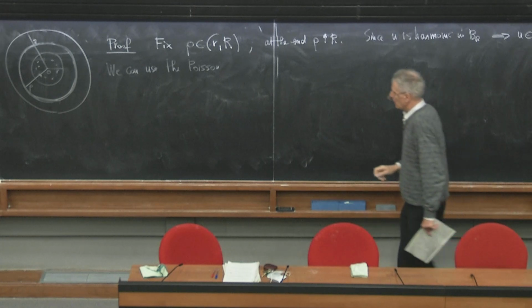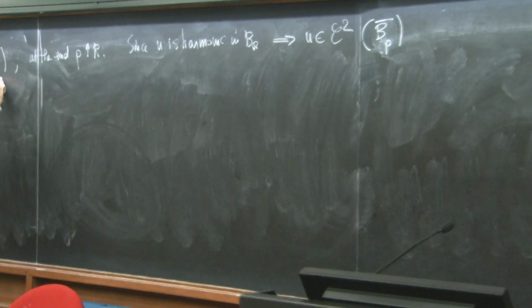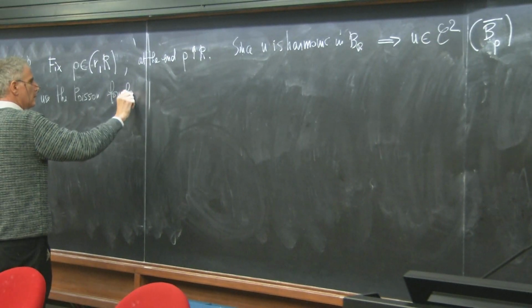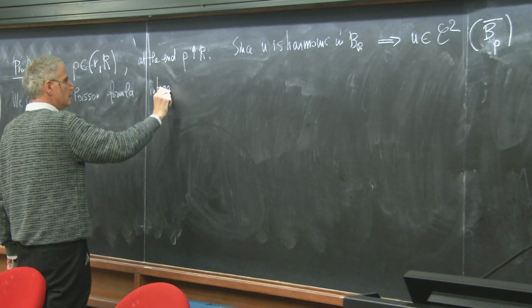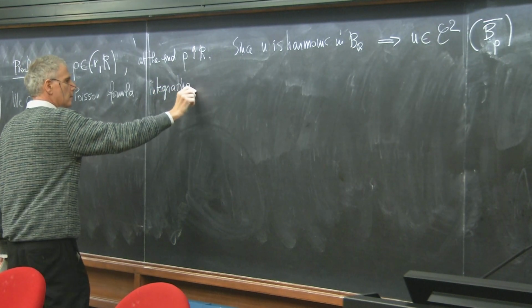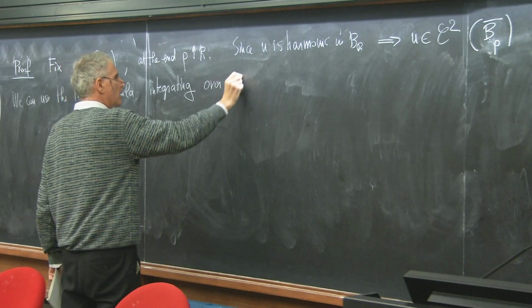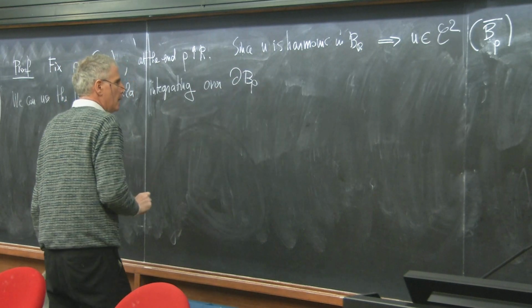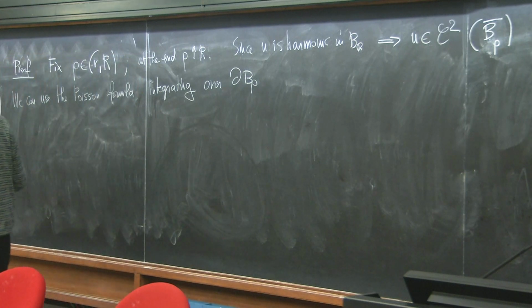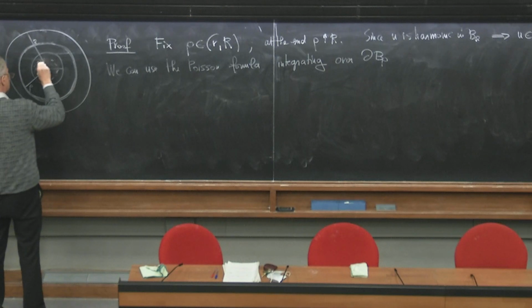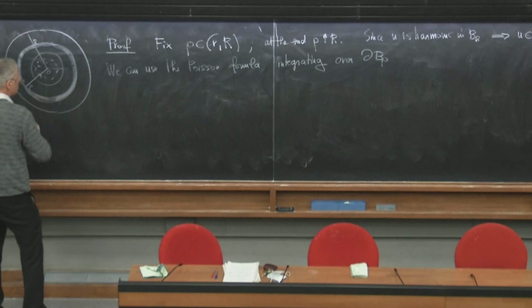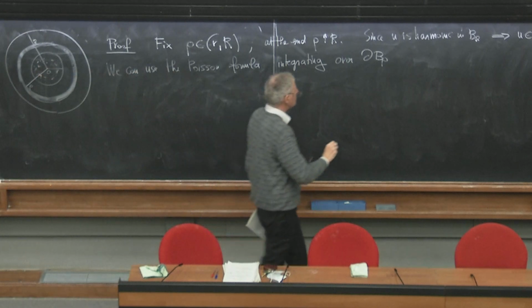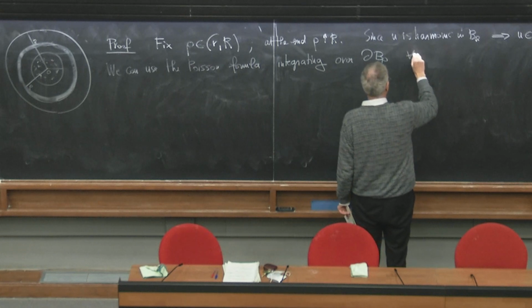Okay. You can use the Poisson formula integrating over the boundary of B rho at all points of the smaller ball. So we can evaluate the value of U inside the smaller ball, integrating instead on this, for any x.